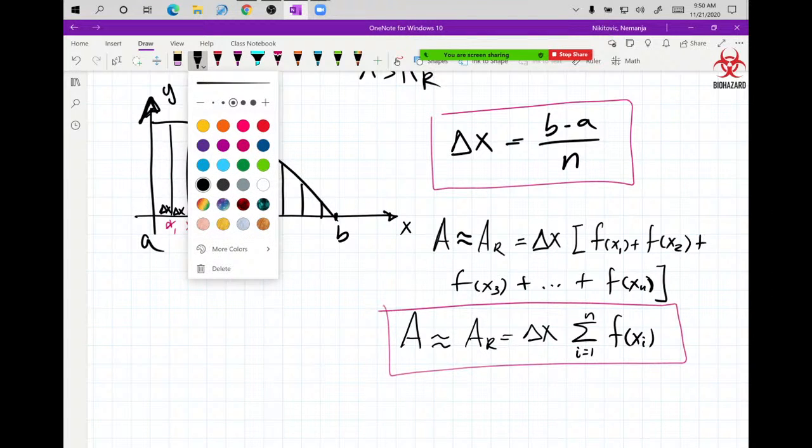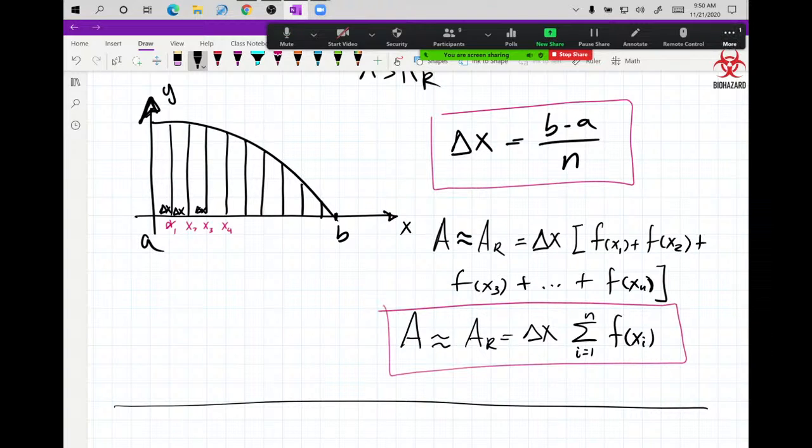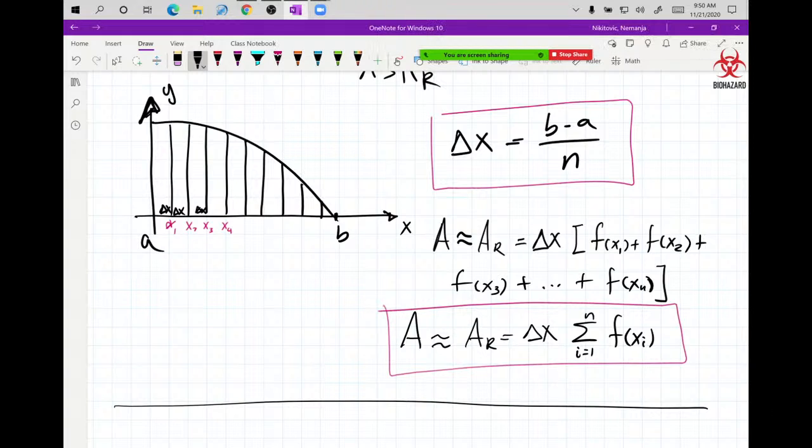Anyway, is there a way to make this better? And the answer is yes, right? In life, you can always make things better or worse. And in this case, we can have a better, more precise version of this, if we keep increasing n.